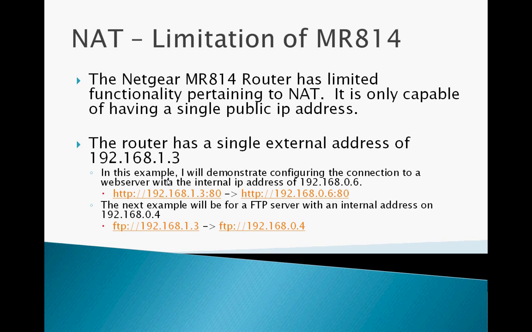So we'll be taking 192.168.1.3 using HTTP, therefore port 80, and translating that to 192.168.0.6, port 80. The next example will be for an FTP server with the internal address of 192.168.0.4.